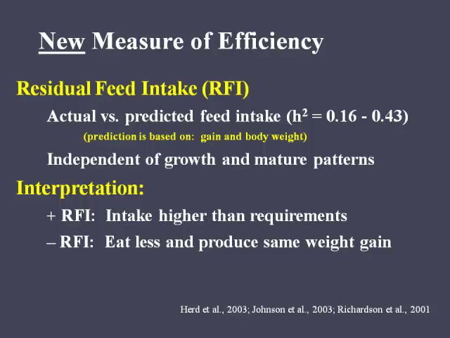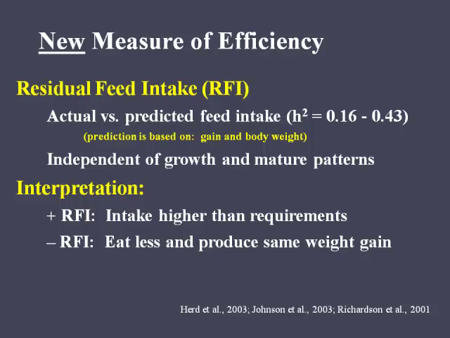Residual feed intake interpretation is a little difficult when you first hear of it. So positive RFI, and I'm just going to refer to this as RFI, you might also have heard of it as net feed efficiency. That term's been used in Australia and probably in Canada as well. A positive RFI means that an animal's intake is higher than requirements on average in a group of similar animals.